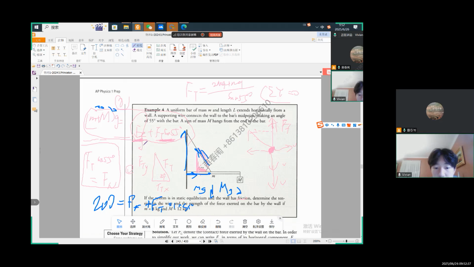Good thing the sines get canceled out, get simplified. So 2 times mg, which is 120, plus mg, which is 60.